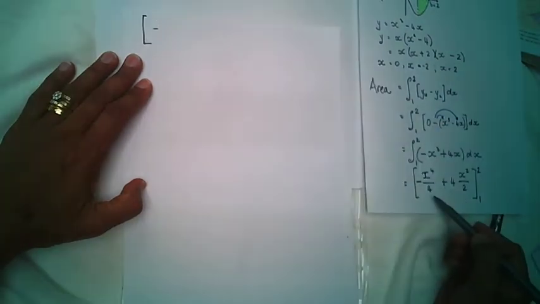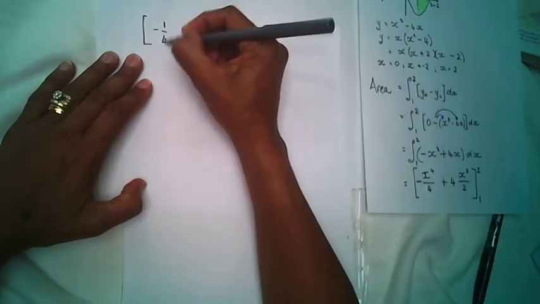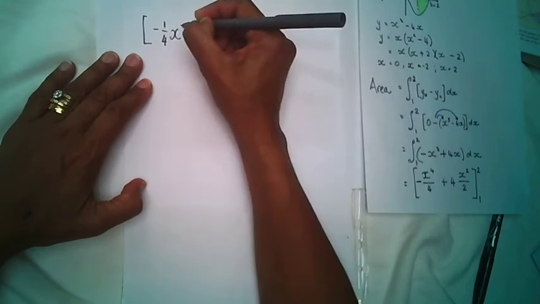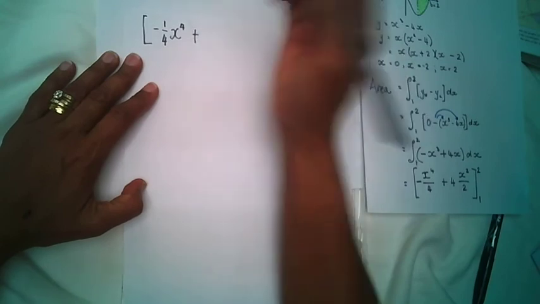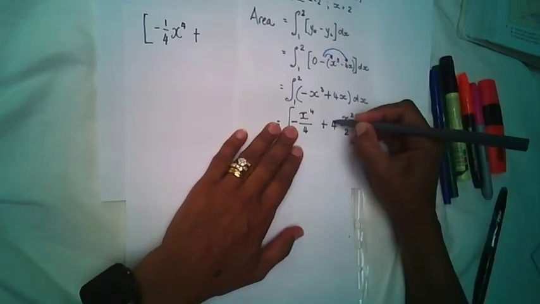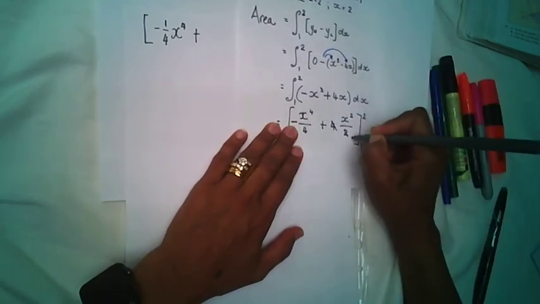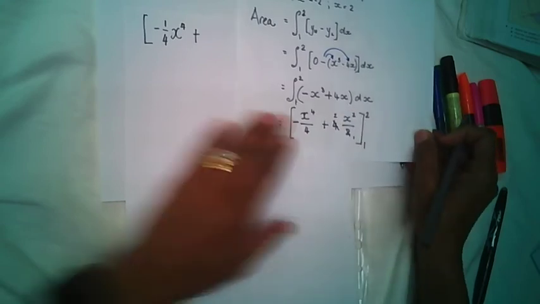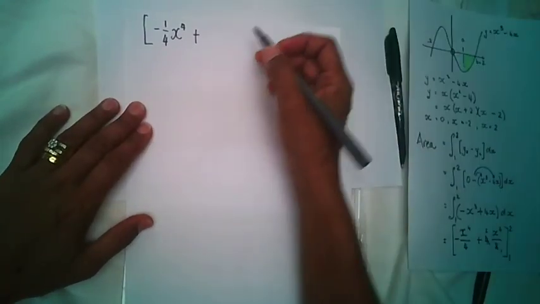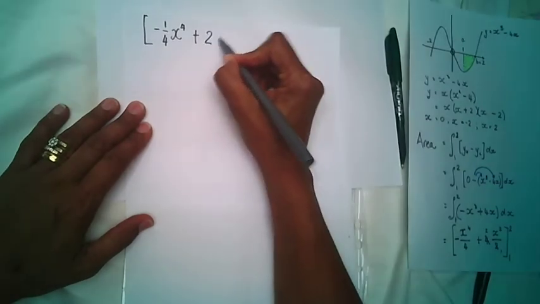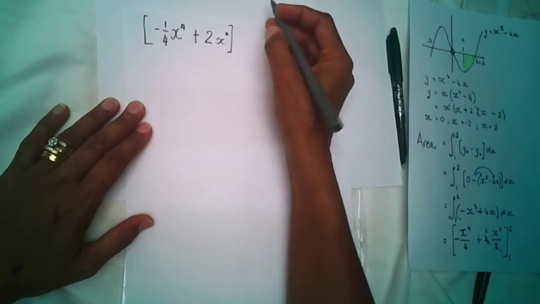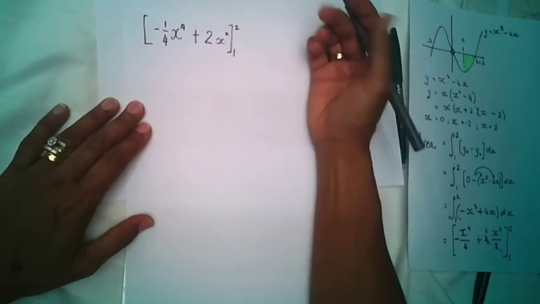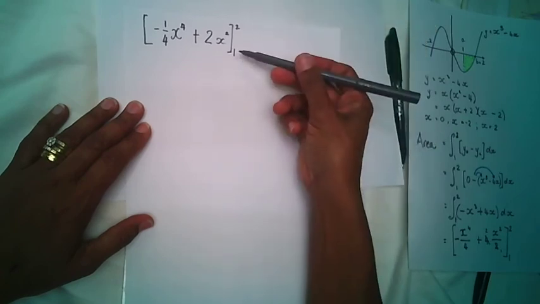I'm going to take this 4 and let it be that quarter, and I end up with x to the power 4 plus, and now there's one little catch to think about. If I simplify my space a little bit and take out the common factor, I end up with a slightly smaller number, and in fact I've got positive 2x squared. I keep my boundaries still because I haven't actually done the substitution. So that's where I am right now.